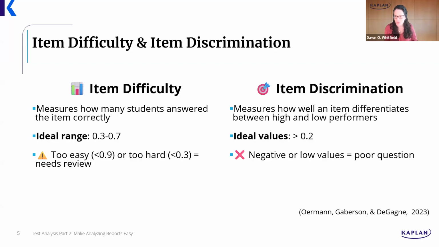But if the value is low or negative, it suggests the question might be confusing, misleading, or not aligned with the objectives. It may even be that low-performing students are answering correctly more often than top performers. These two statistics, difficulty and discrimination, work together to help us decide which questions need to be revised or removed.